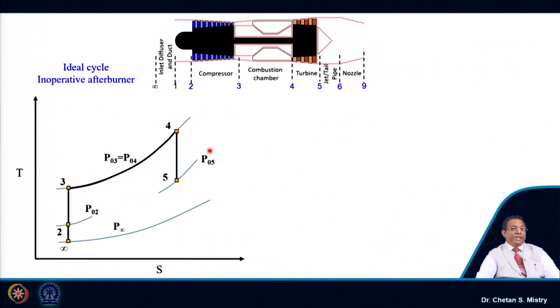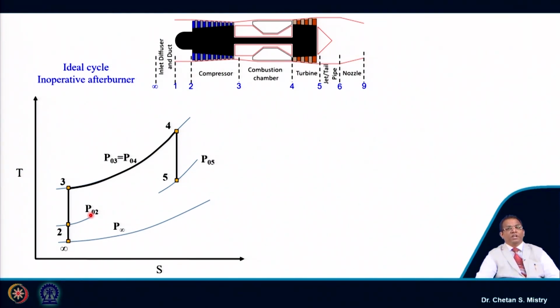We need to be very careful here. The whole purpose of putting the turbine in an aircraft engine is to run the compressor. On a TS diagram, these pressure lines are diverging towards the right-hand side, and that is the reason you need to be very careful when plotting this diagram.